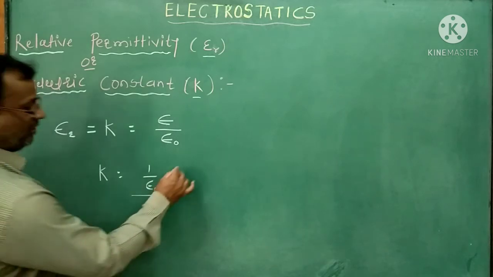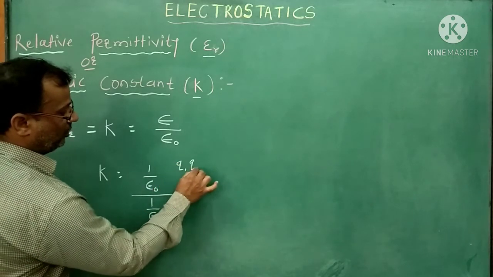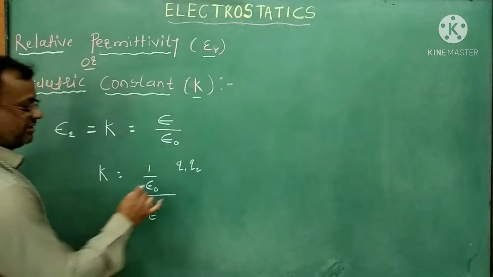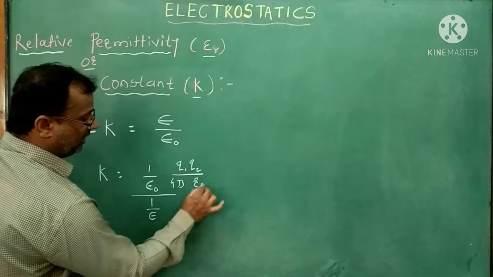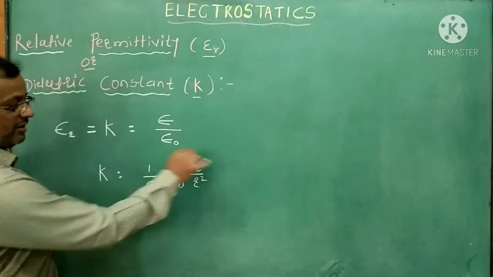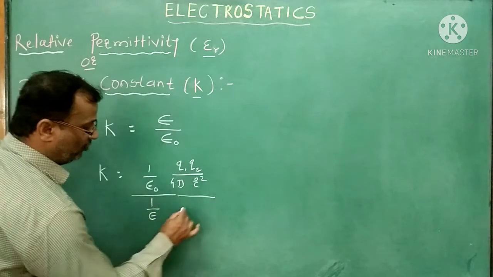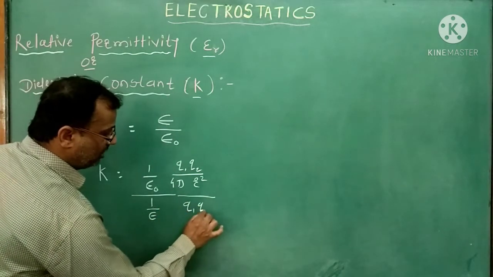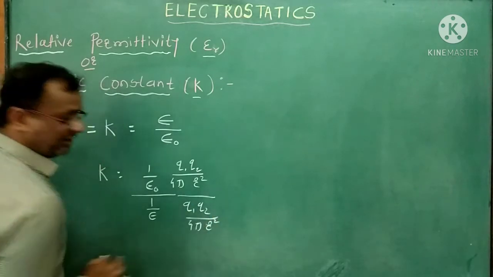Suppose we multiply by Q1, Q2, the two electrical charges, and by 4 pi and r square, and again divide by the same. So we get Q1 Q2 upon 4 pi r square.